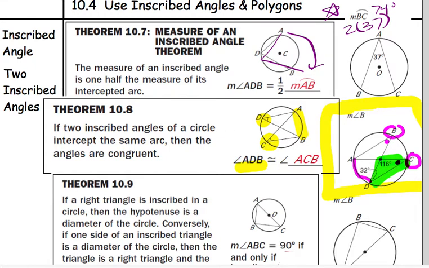So this angle right here at C is 32 degrees. And that means that this angle at B is also 32 degrees because they intercept the same arc. So angle B is 32 degrees. If they had asked for the arc, you'd have to double 32. The arc would actually be 64 degrees.